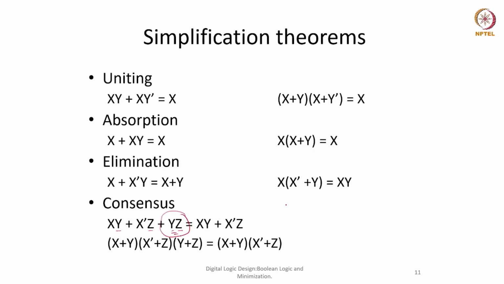How can we eliminate that? Let's try to prove it. We can say x y plus x dash z plus y z. Now for y z we try to create another form. We multiply it with x plus x dash, because x plus x dash is 1, so I am multiplying y z with 1.